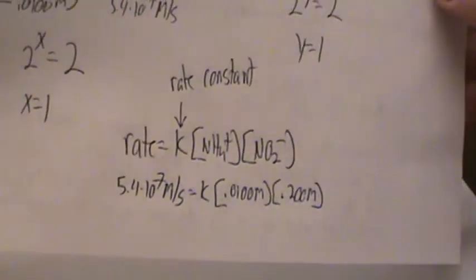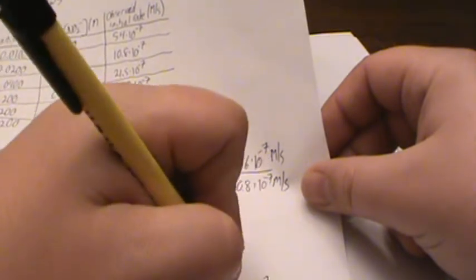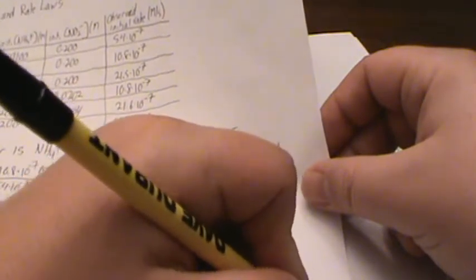We just need to solve for k. So k is going to be equal to 5.4 times 10 to the negative 7th molar per second all over 0.0100 molar times 0.200 molar.